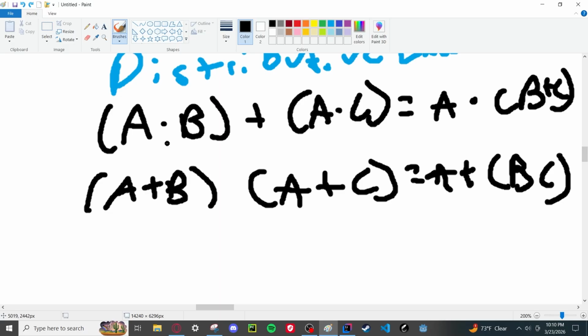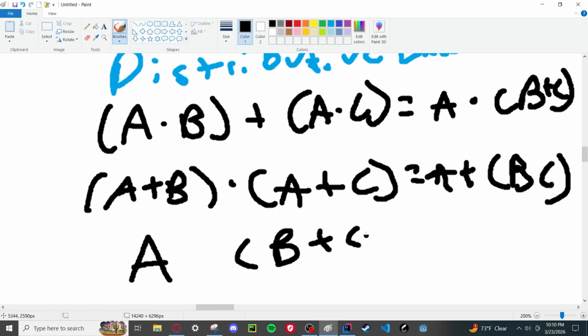One way I like to see it is when I know I have something like this, and I know it's distributive, just take out the thing that's in common, take out the thing that's in both of them, and then whatever the middle operator is connecting them, that's what I use here, and then the opposite of that is what I use here. So in this case, I see that A is the same, so I'll take the A out.